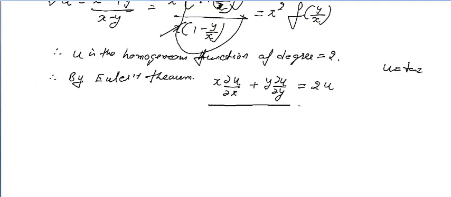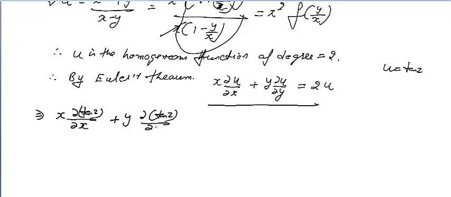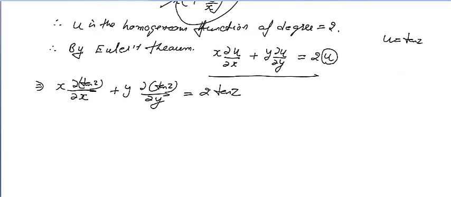So now I will put u is equal to tan z: x ∂(tan z)/∂x plus y ∂(tan z)/∂y. Wherever u is there, I have replaced u with tan z.